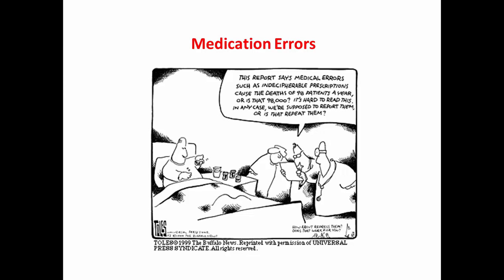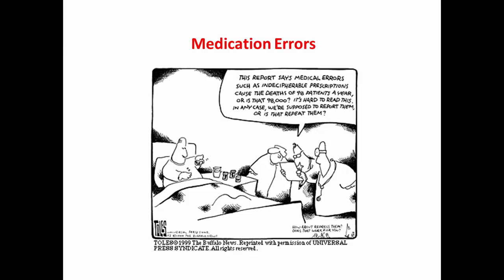So a medication error is different from a documentation error. Last week we talked about a documentation error, which was an error where you just made a spelling mistake or you recorded the medication in the wrong spot in the documentation. An actual medication error is when the wrong drug is prescribed, or the wrong drug is given, or the wrong dosage is given, or the wrong protocol for administering the drug is used.